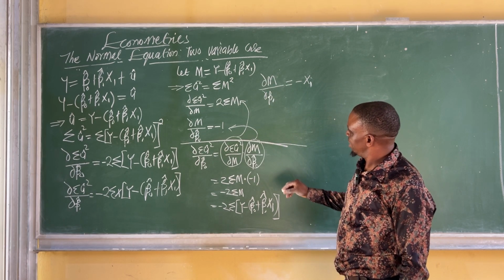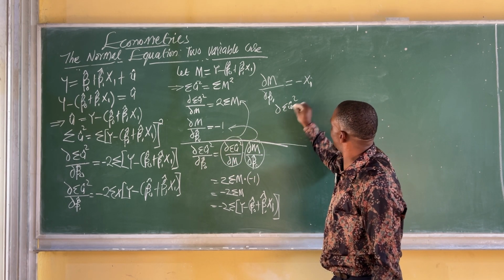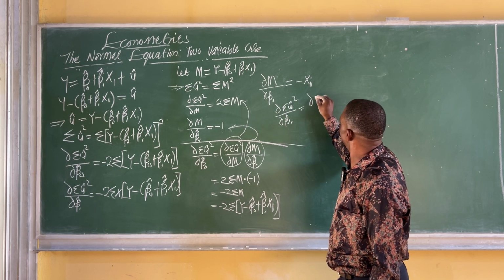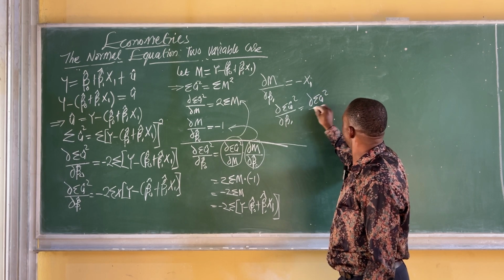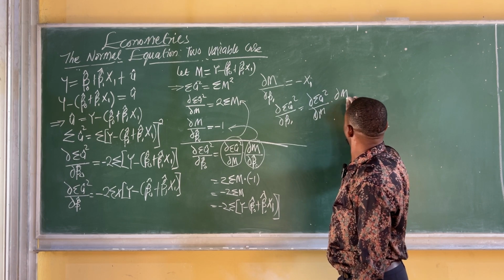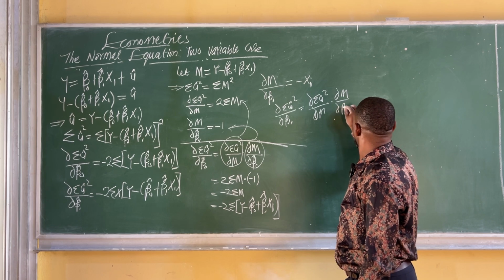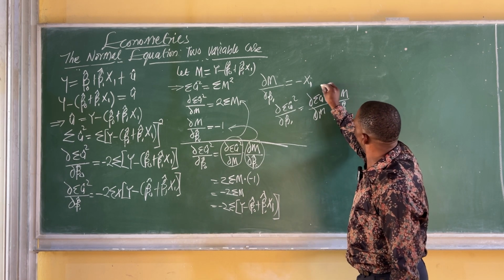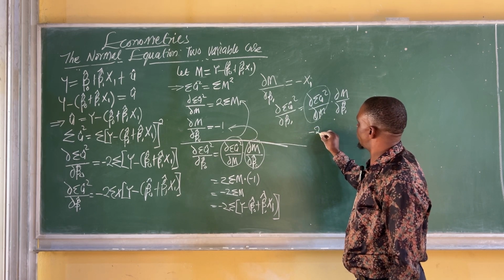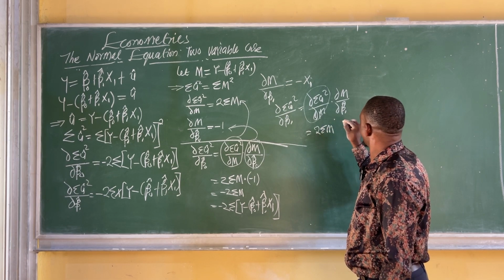And if we do that, again, it will be that the summation u hat square with respect to beta 1 will be equal to the summation u hat square with respect to m times the m with respect to beta 1 hat. All of this is what we had initially as 2 summation m.